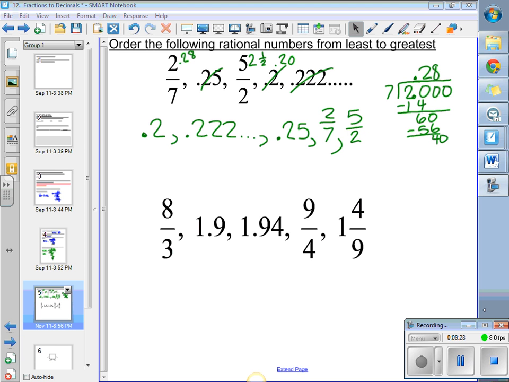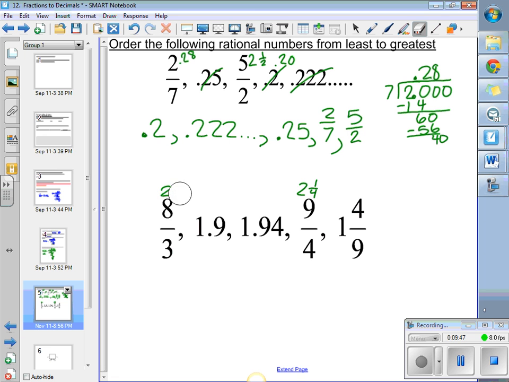Okay, so 8. How many 3s are in 8? It's greater than 2, right? So we've got 2 plus something, 2 point something. Well, but this one's 2 point something, so that's 9 divided by 4 is 2 1/4.